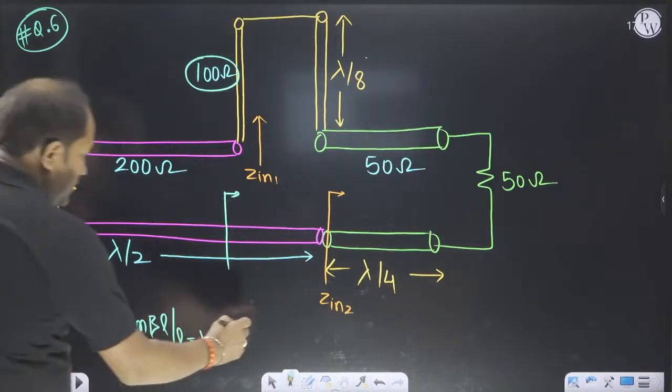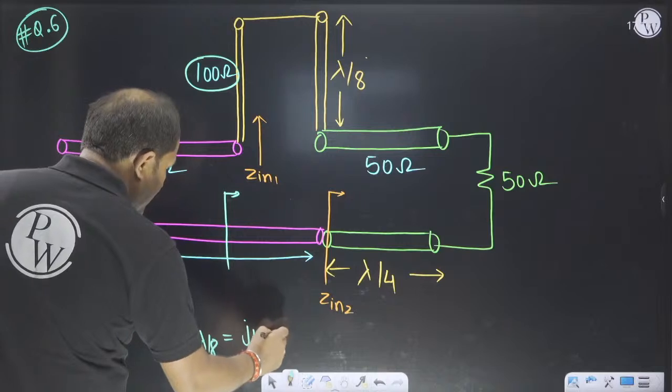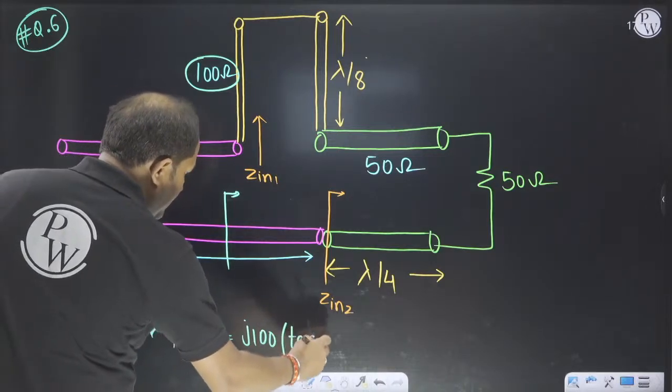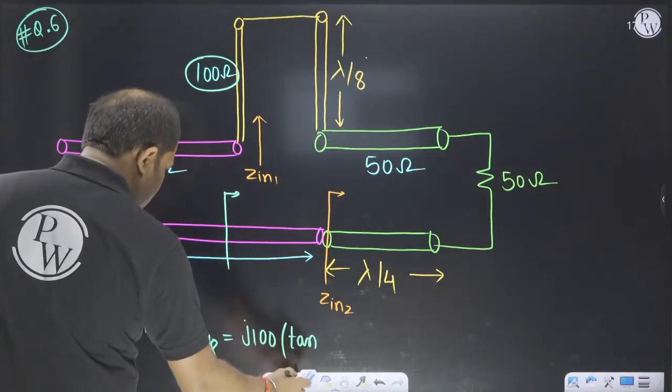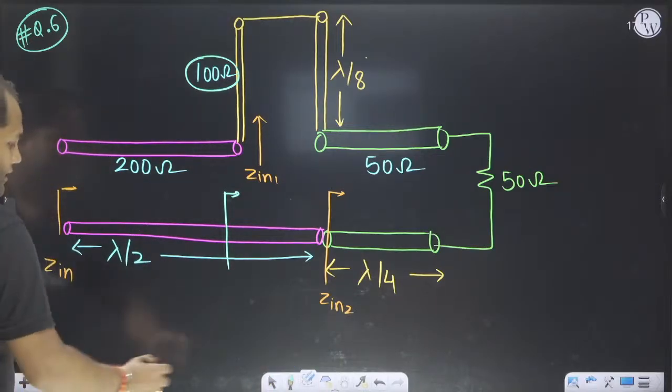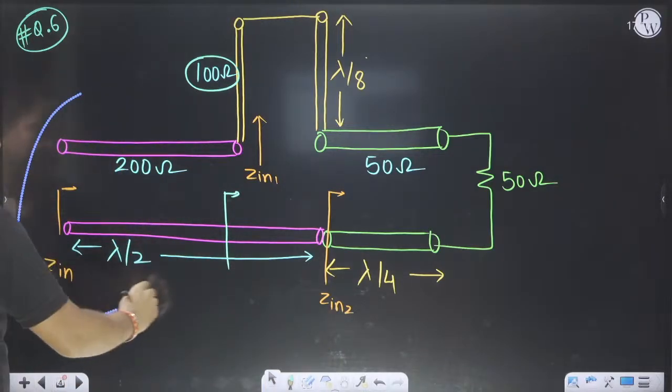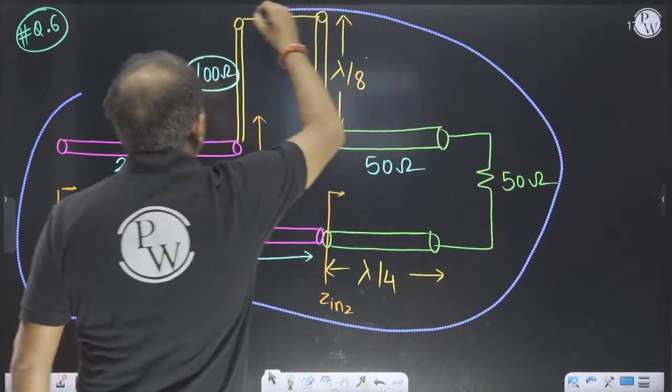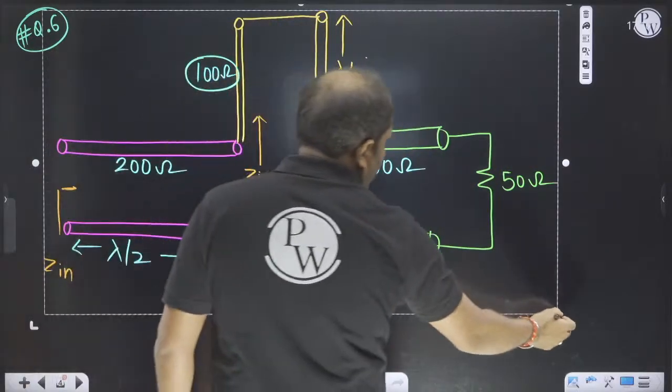So what will be the value? jZ0 is j100 ohm, and tan βL will be tan pi by 4.